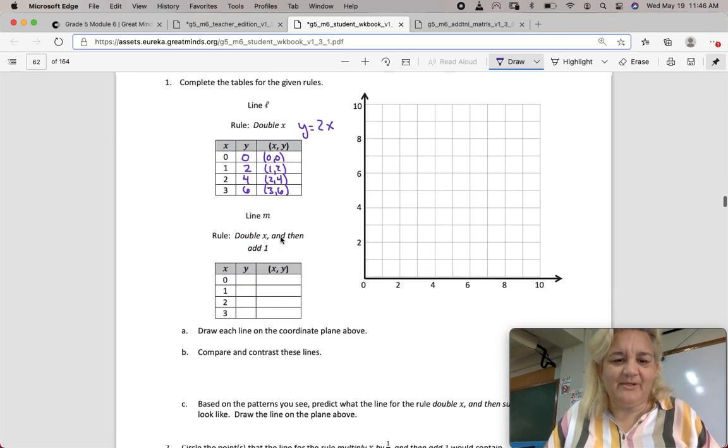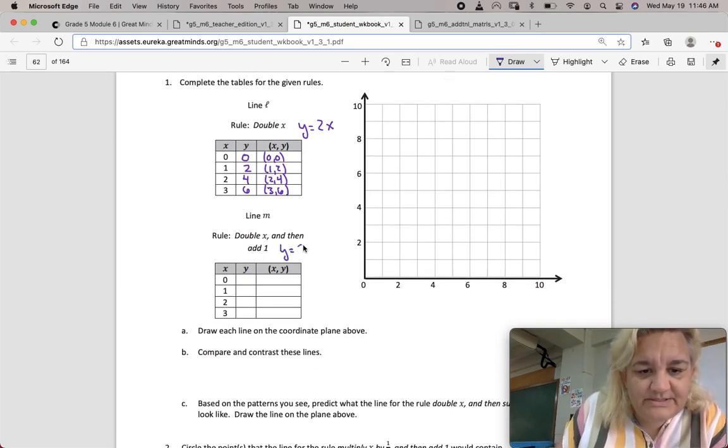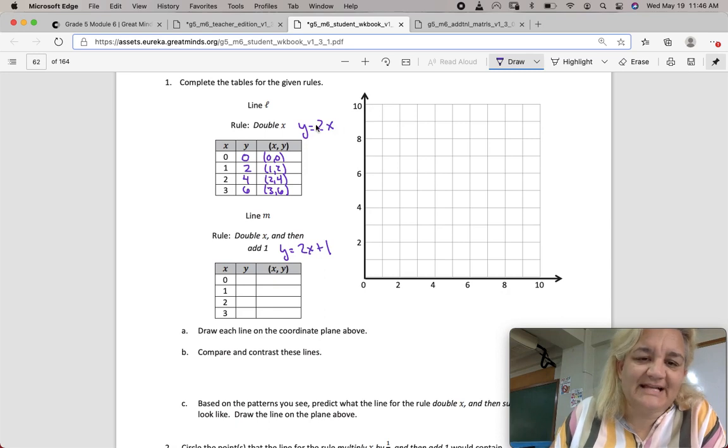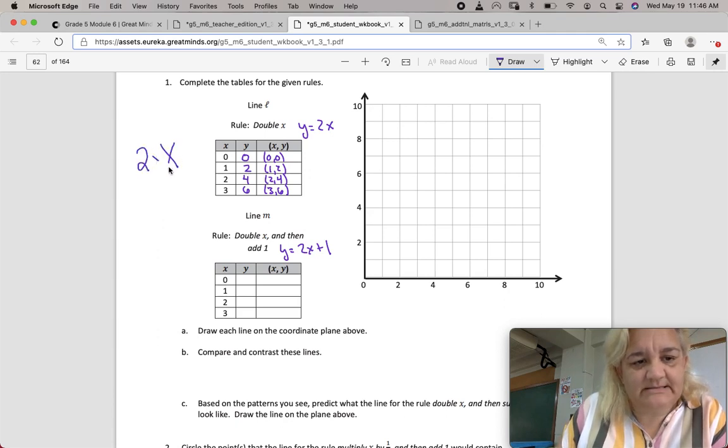Now, double x and then add 1. So here we've got y equals 2 times x plus 1. Remember when I said that if we put the x right next to 2, that means multiplication? There's lots of ways to write multiplication. I could go 2 times x.